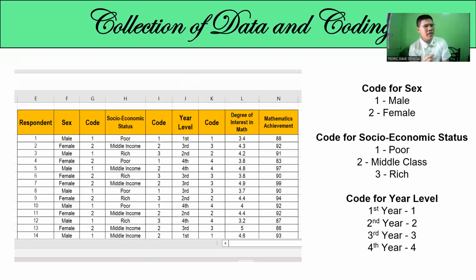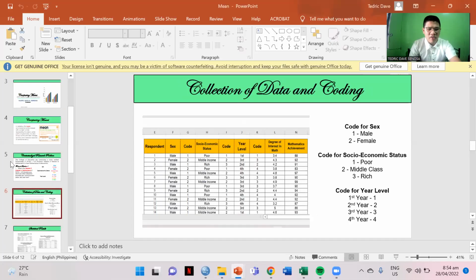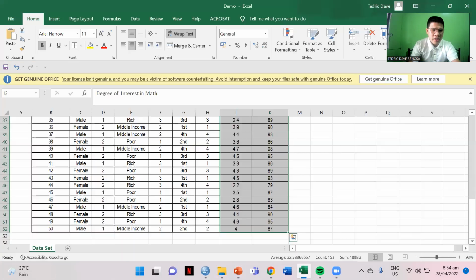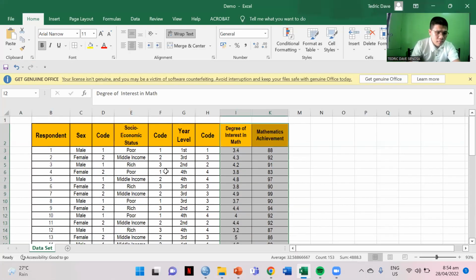Of course, the main thing that you need to do before starting your interpretation and analyzing your result is to collect your data. I have collected the data for this research here in Excel.